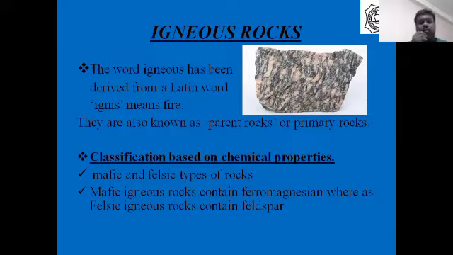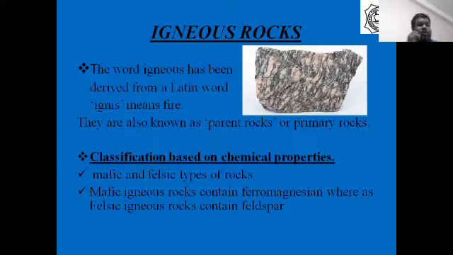Let me tell you again, mafic igneous rock contains ferromagnesian mineral, which is characterized by abundance of iron and magnesium, whereas felsic igneous rock contains feldspar.